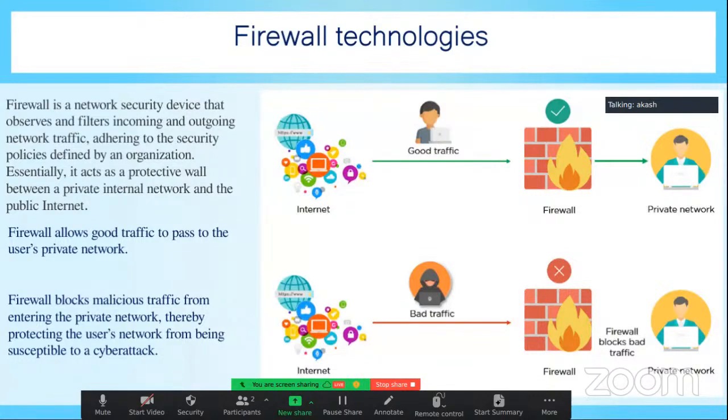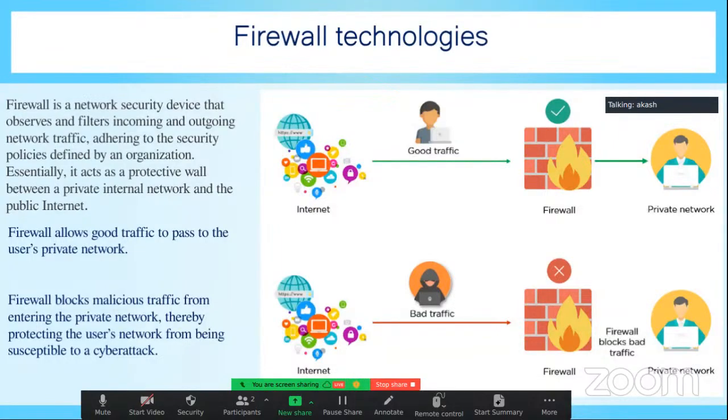Basically, what is its work? It is a hardware or software type of machine which we place at the top of our infrastructure. What it does is filter all the data with the help of policies defined by the organization.